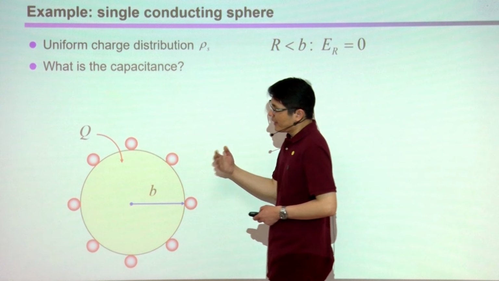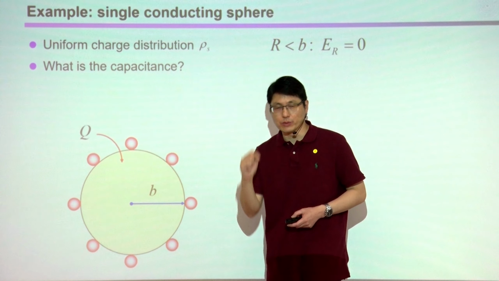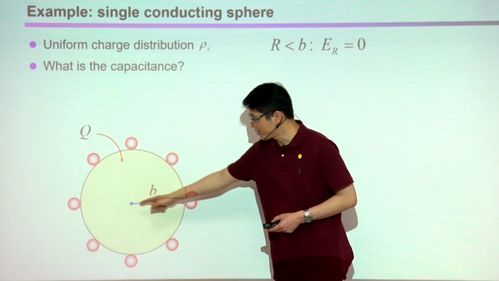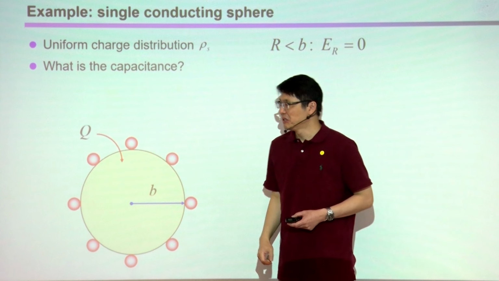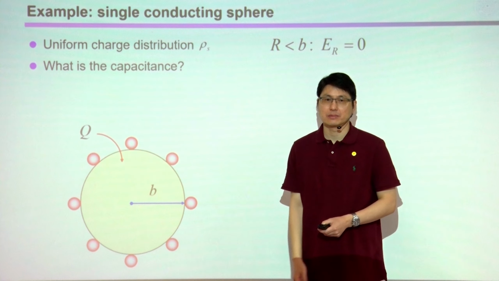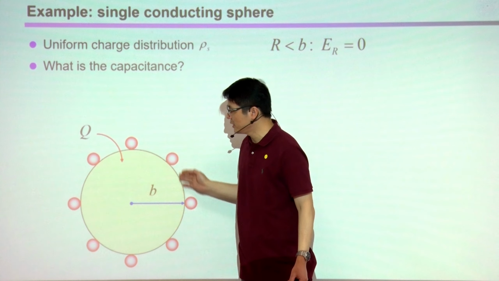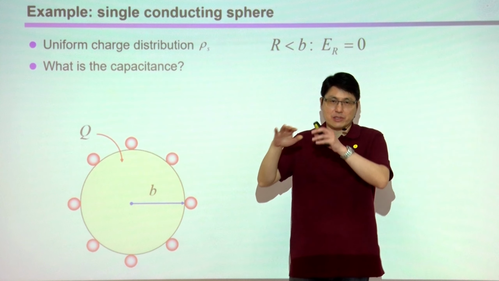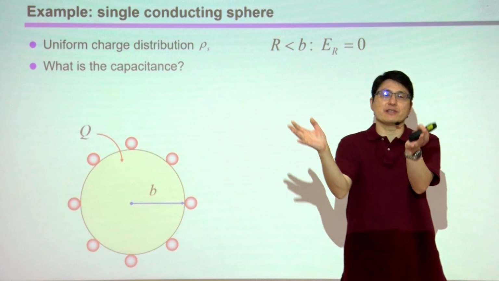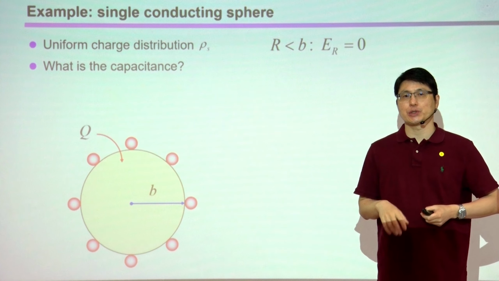So if we have a simple metallic sphere, a single one, okay, with an inner radius of b. So if I deposit lots of charges onto it, or just a single charge, but now it's uniformly distributed, so this sphere surface is having a uniform surface charge density.